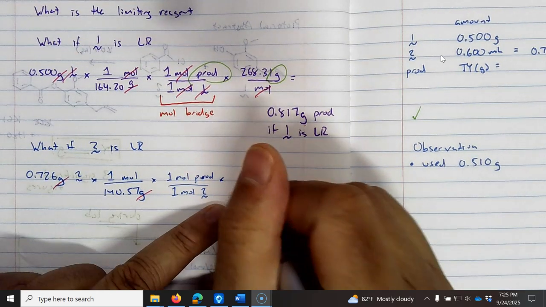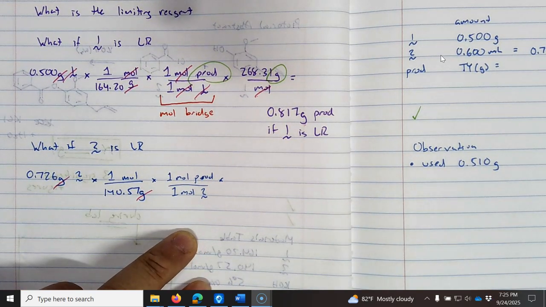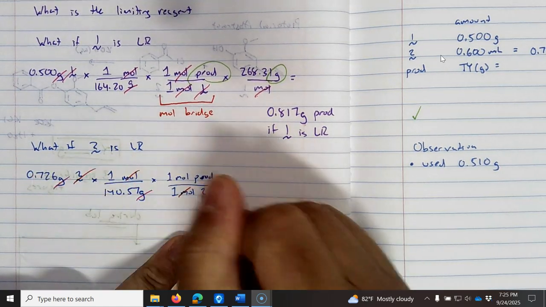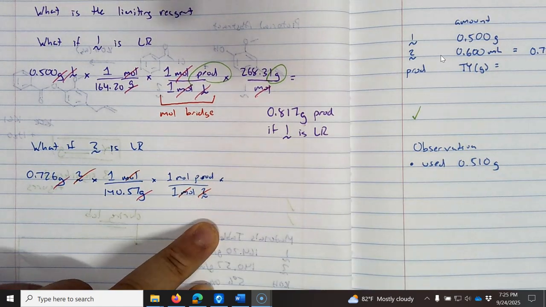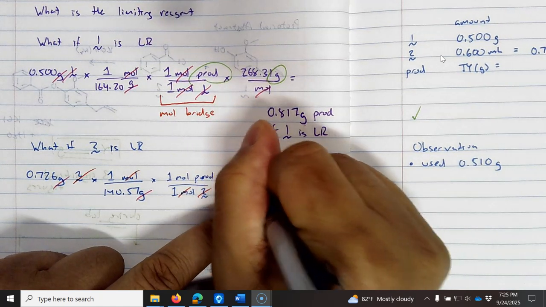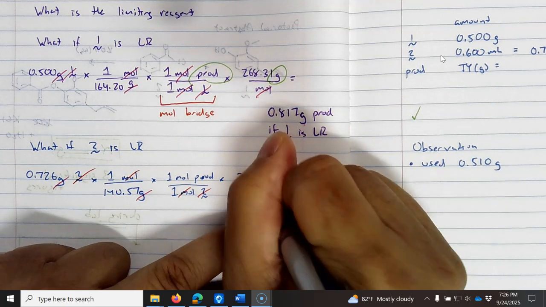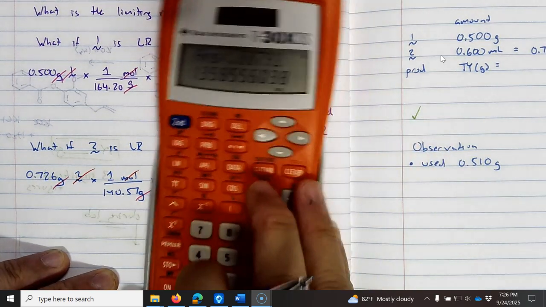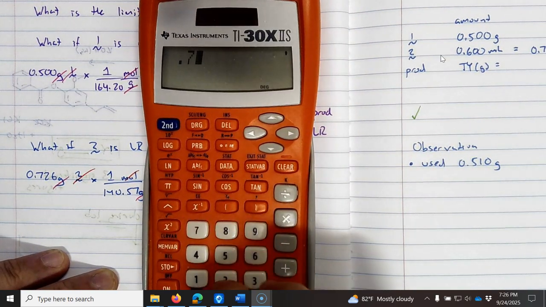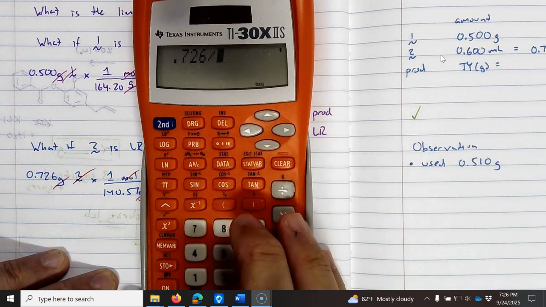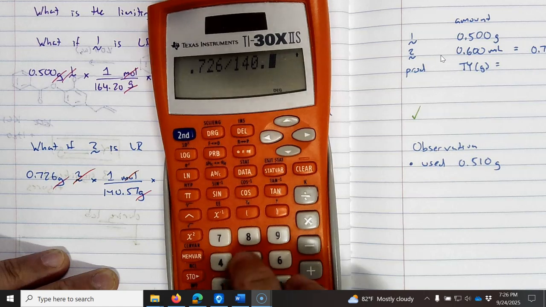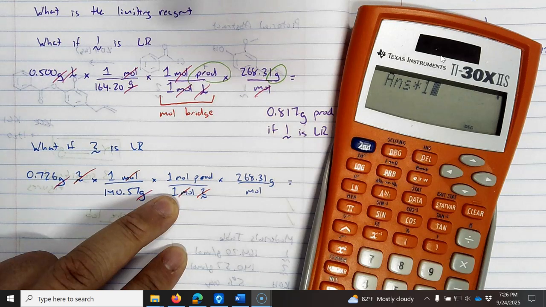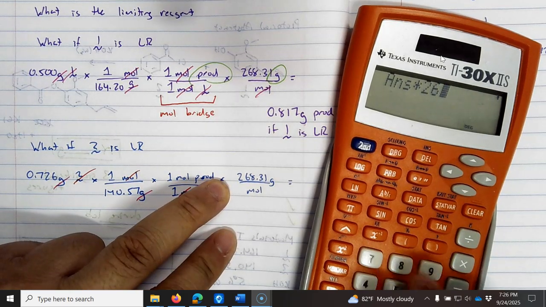And then one more time, we have moles of product now, I think. Get rid of moles, get rid of 2. We have moles of product, but we really want grams of product. 268.31 grams divided by 1 mole equals, I like to do this in parts, 0.726 divided by 140.57 equals, times 1, times 268.31.